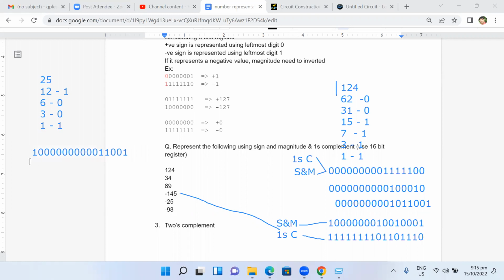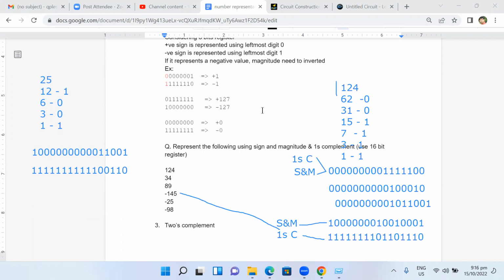So let's write the one's complement value. Invert the number, the reverse of this. These are zeros, we invert them. So this is minus 25. The first one is in sign and magnitude. The second one is one's complement.